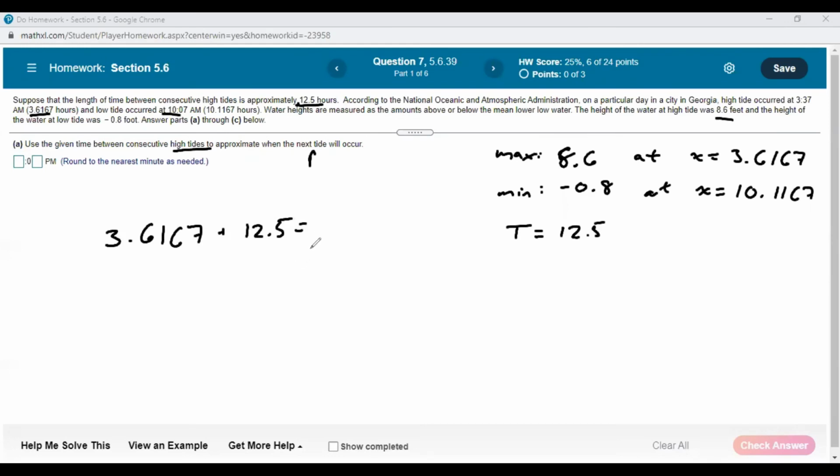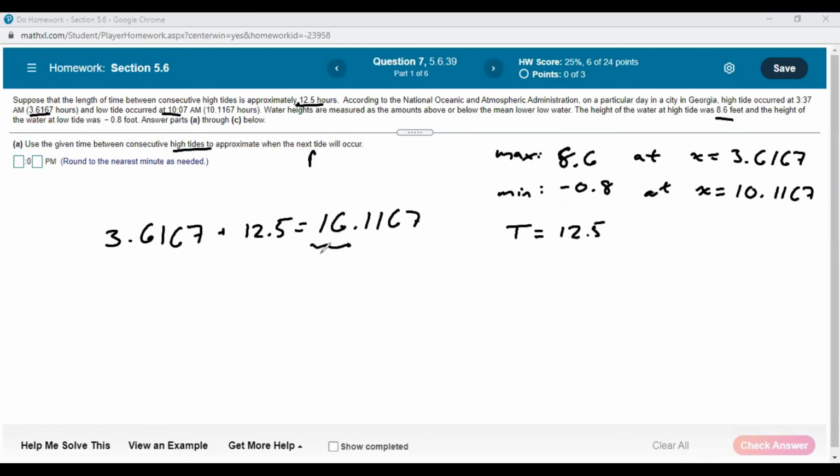And then that's just going to equal whatever it equals. I'm just going to put it into a calculator. 3.6167 plus 12.5 is equal to 16.1167.